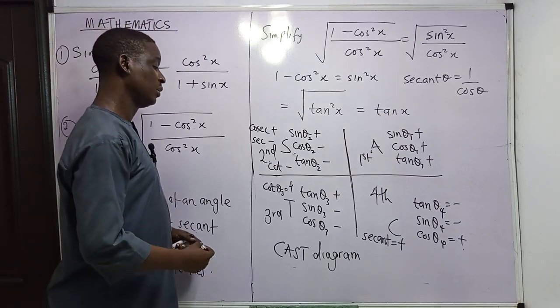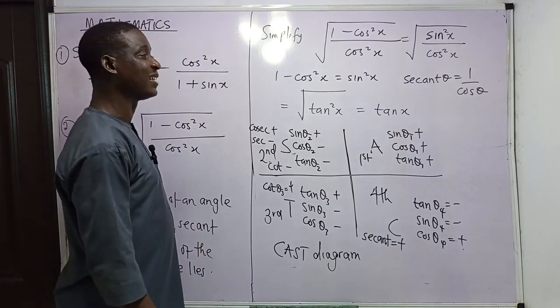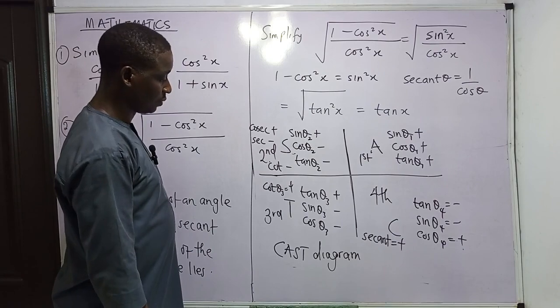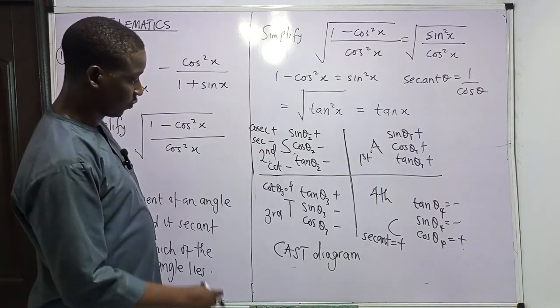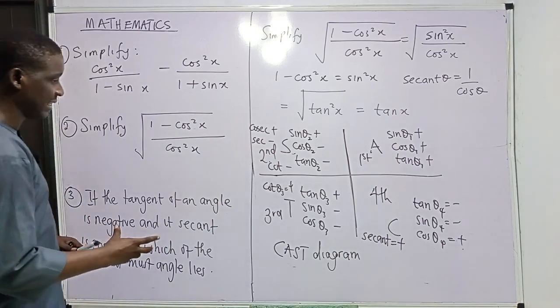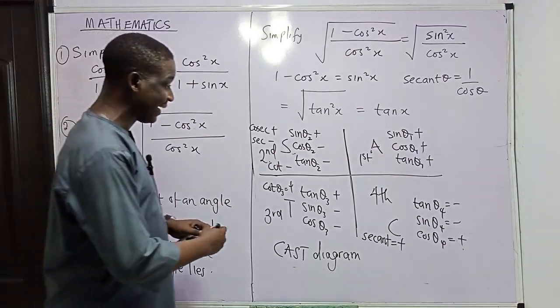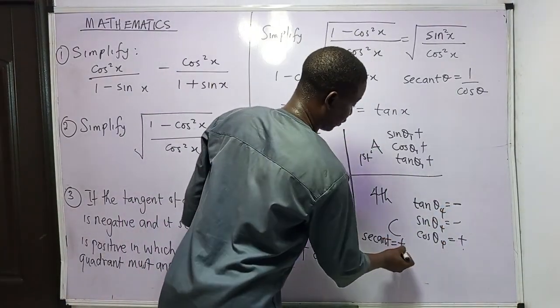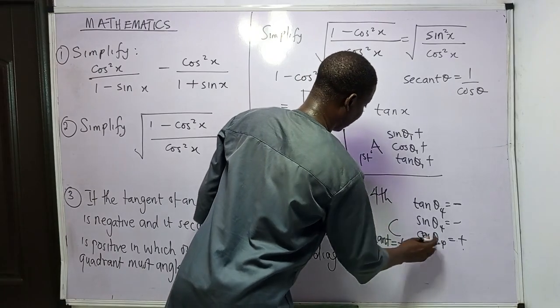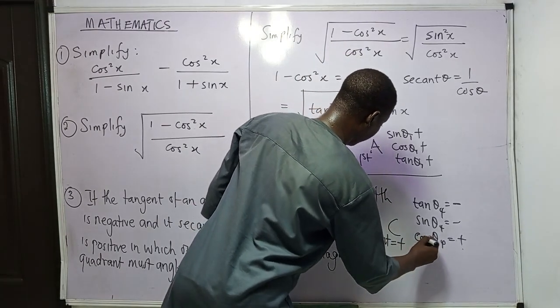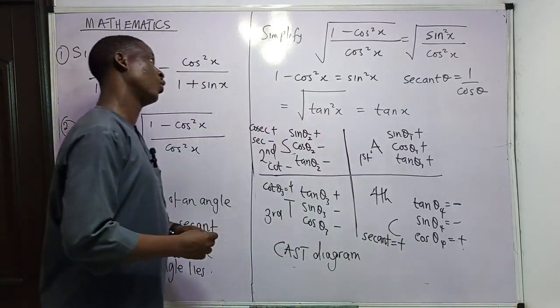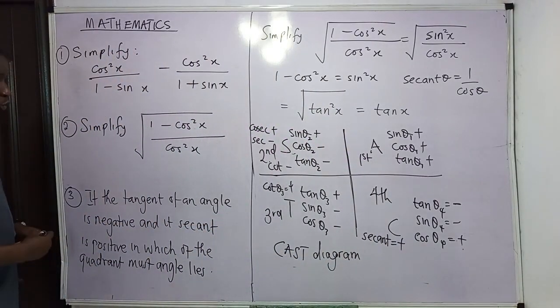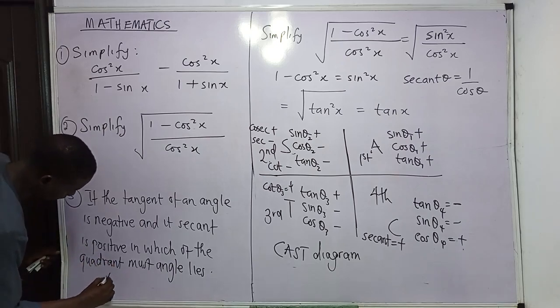Tangent of an angle is 1 over cotangent of an angle, and so forth. So if tan is negative and secant is positive, because cos is positive, cos is the inverse of secant, or vice versa. So I will go with the fourth quadrant for this question.